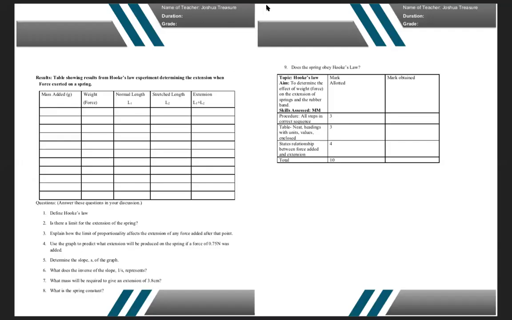Yeah, so if we somehow get our results, it's expected that we draw a graph in order to be able to determine the relationship between extension and load. Right? Let me draw.